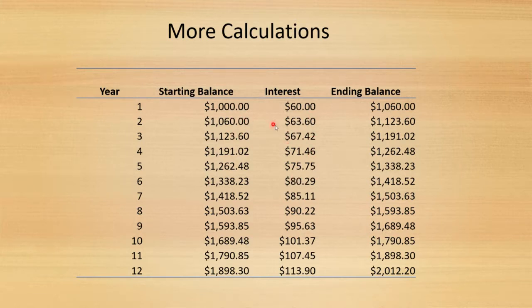And again, each year you recalculate the interest. After year 4, we would get 6% of this. This is the interest that we would get and add on. And we keep on doing this. I just did it for 12 years, which is kind of random.